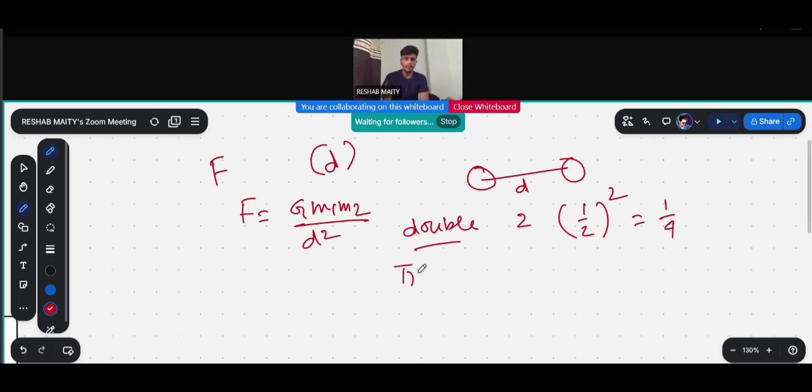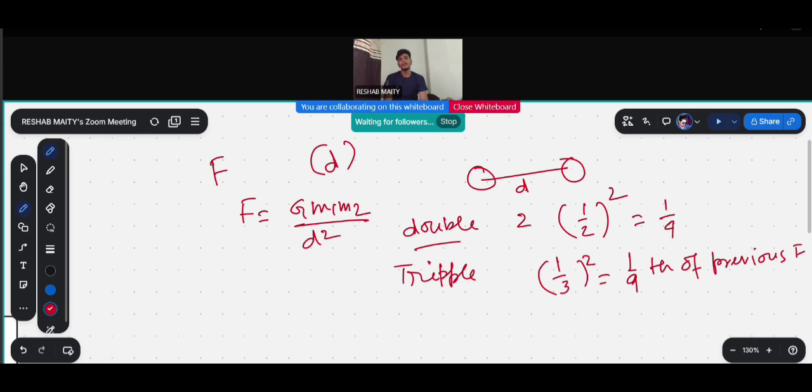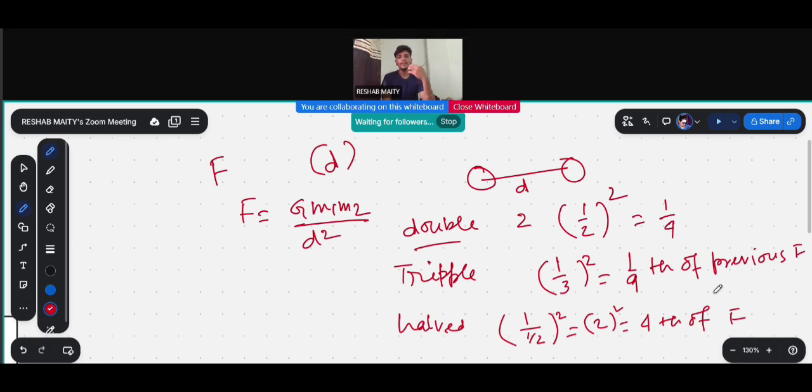If we triple it, inverse it and square it: the new F will be 1/9 of the previous F. If we halve it, 1 by half square means 2 square, which is 4, so the new gravitational attraction force will be 4 times F. It will be very useful in the numericals when we try to solve them.